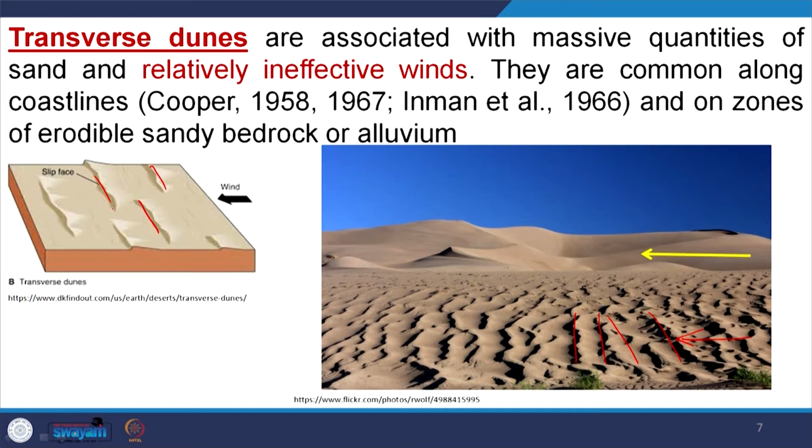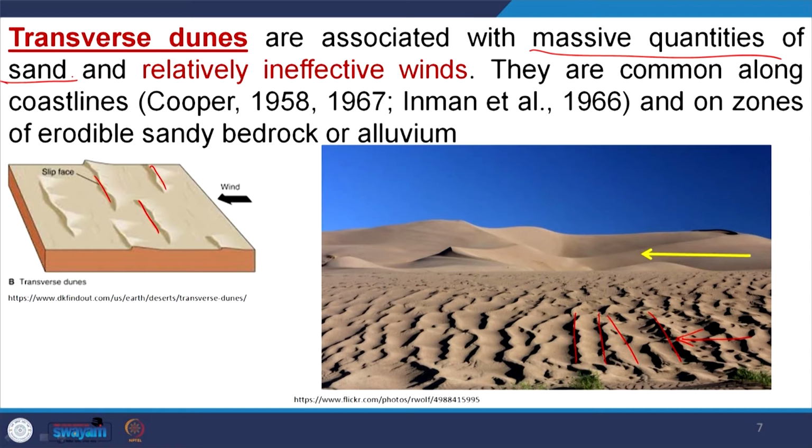Here we are getting massive quantities of sand, but in the longitudinal dunes, irregular sand supply. Wind direction is parallel there, here it is perpendicular, and longitudinal dunes form in areas lacking vegetation, but these form in areas having vegetation, like the coastal plains. Coastal plains will have vegetation.